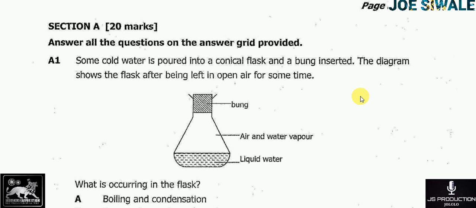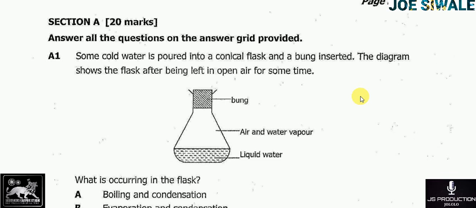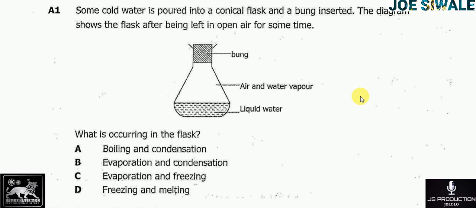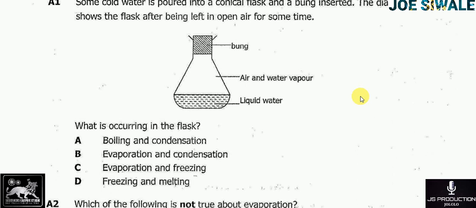The question proceeds: what is occurring in the flask? A. Boiling and condensation. B. Evaporation and condensation. C. Evaporation and freezing. D. Freezing and melting. So my answer is B, which is evaporation and condensation.